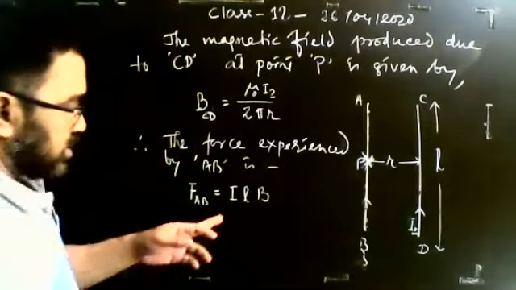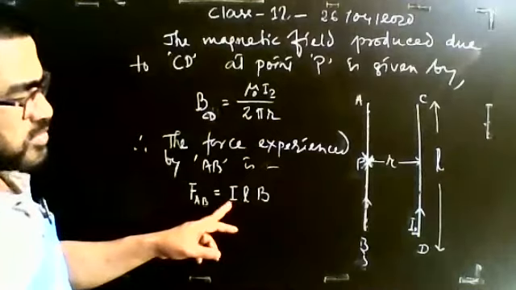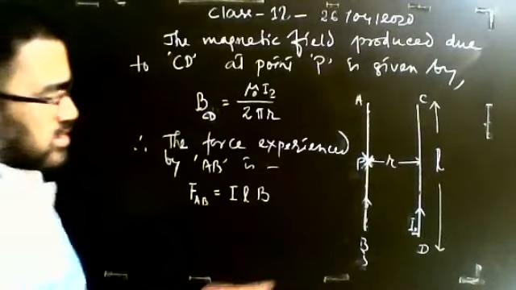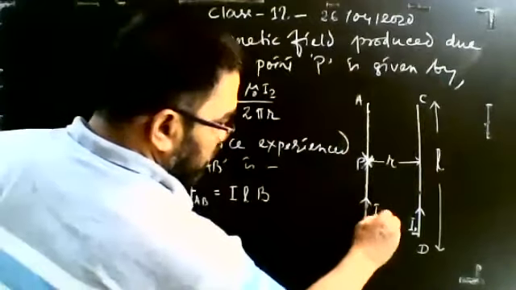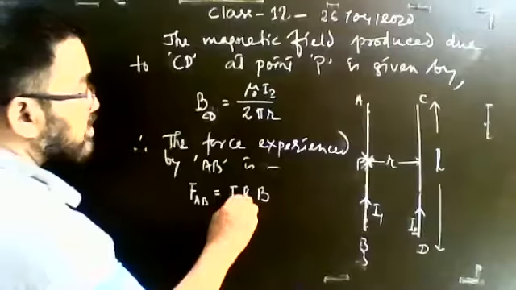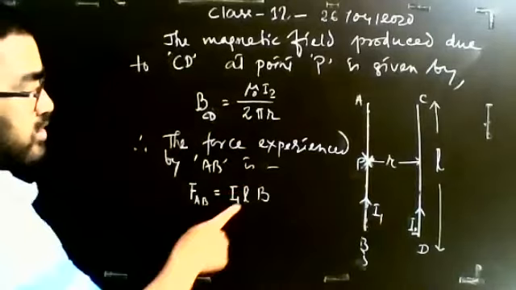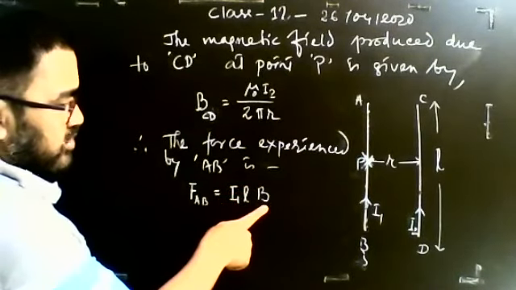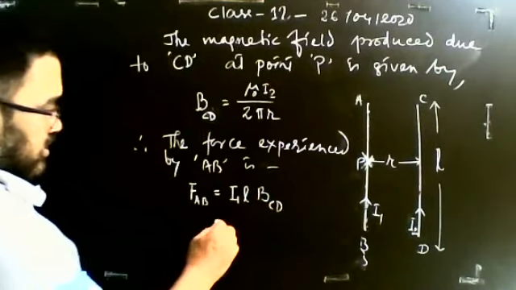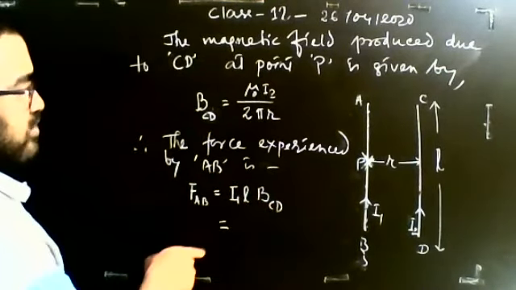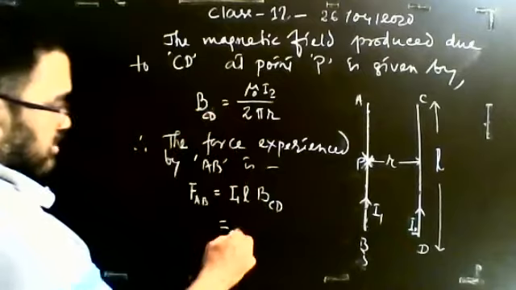Now, it will not be I, because this conductor carries a current I1. So we have to write I1. I1, L is the same, and in place of B, we have to write B of CD. Then putting the value of B of CD, what will we get?